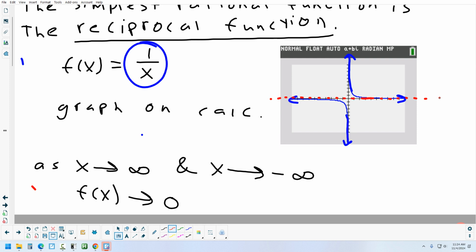Does anybody know what you call that kind of line? The dotted line that you get close to but never reach. Begins with an A. Yeah? Asymptote.